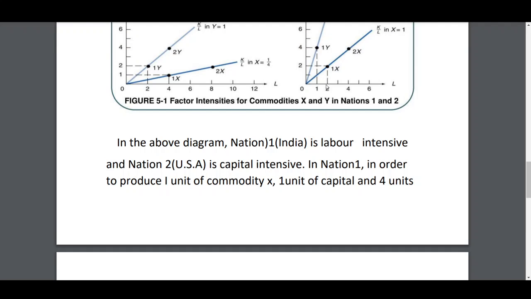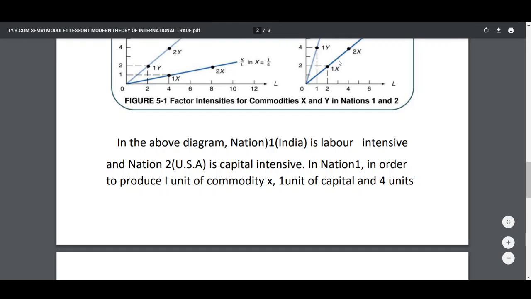used. Which country? Nation 2. So we can say that nation 2 is capital intensive because they are using more and more capital. This 4 is greater, 4 is more. Correct? This y-axis, it lies above.